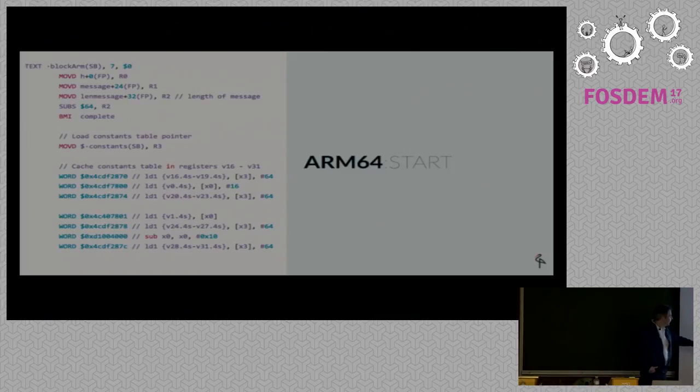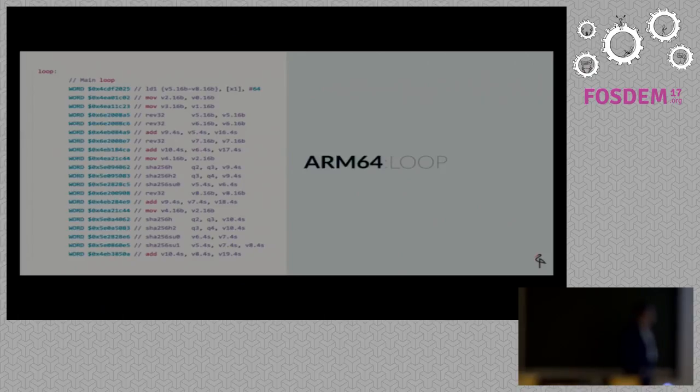And then further down here, we do some initialization. So here we load from x0, which corresponds to R0, the digest. We also load, obviously, from the message itself, and there's also a constants table. So we get a reference to the constants table that's in R3, and R3 corresponds in Neon to X3. So here we load values from the constants table, and this is sort of the main loop where the hashing is being done.